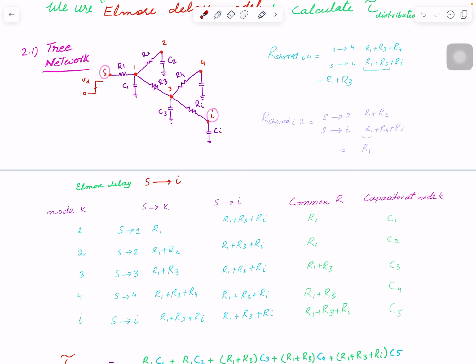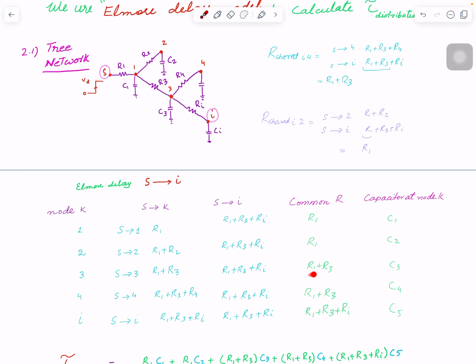So between S and 4, yes, R1, R3, R4. This one I kept as is, because from S to i, this part is common. All you do is find the common between this column and this, and you look at this green one. The common is only R1. For node 2, again the common is R1.